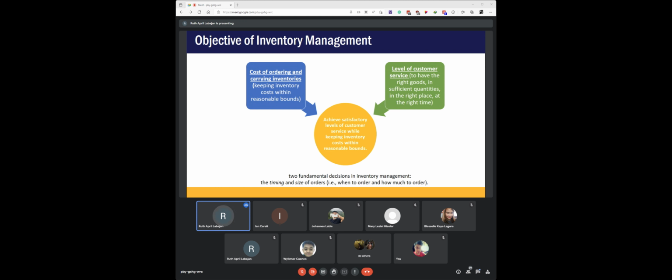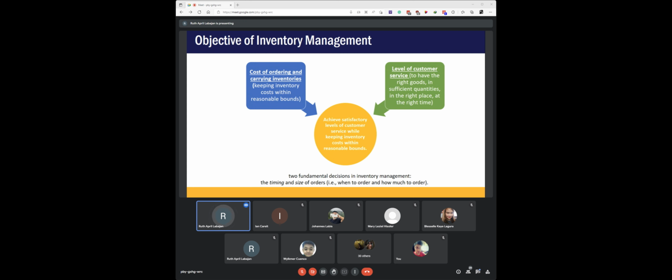One, because of the level of customer service. As I said earlier, inventory is there in order to satisfy the demand of the customers. So as a company, as a firm, you need to have the right goods, in sufficient quantities, in the right place at the right time, so that you can satisfy the demands of the customer.